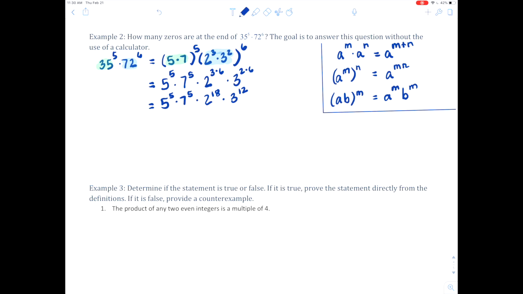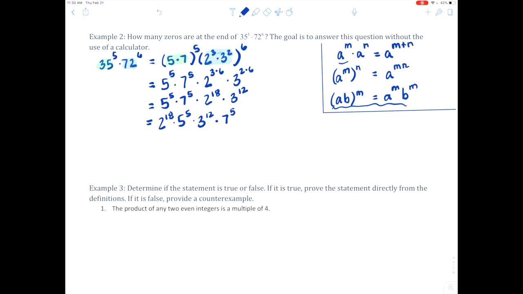Great. So let's go ahead and get the 2's and the 5's together. And so we'll have 2 to the 18th times 5 to the 5th. And then we'll have times 3 to the 12th times 7 to the 5th. I can only use this third property if I have 2 to the 5th times 5 to the 5th.